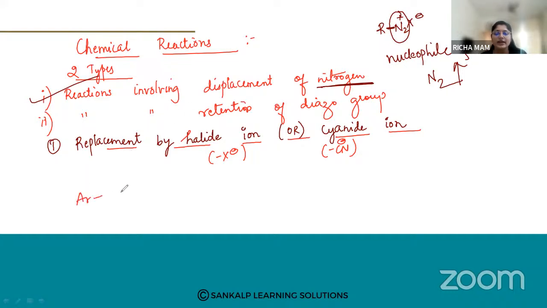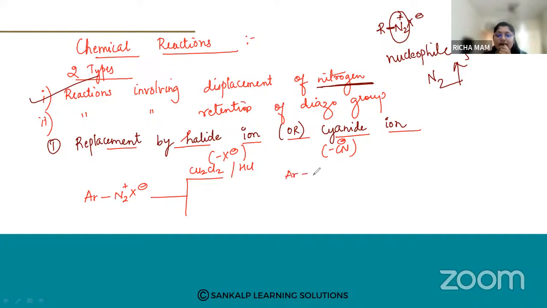Ar means our aromatic ring. So ArN2+ X-. If I treat it with cuprous chloride, Cu2Cl2, in the presence of HCl, what am I going to get?